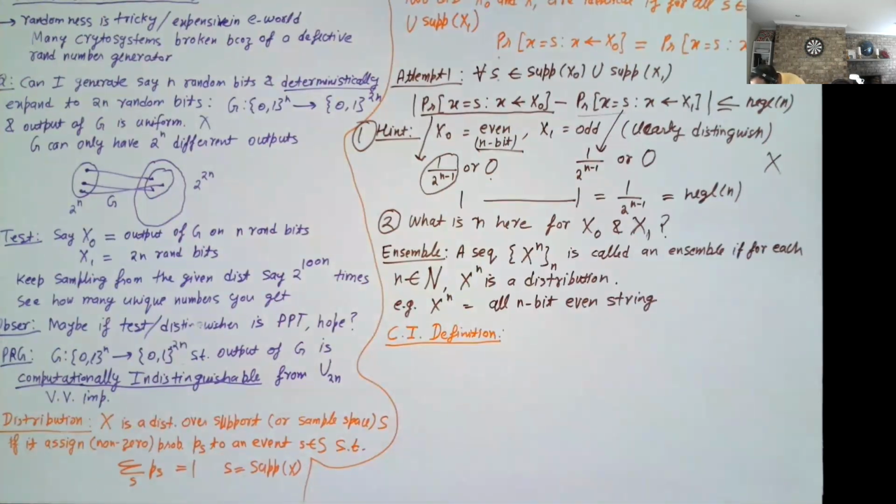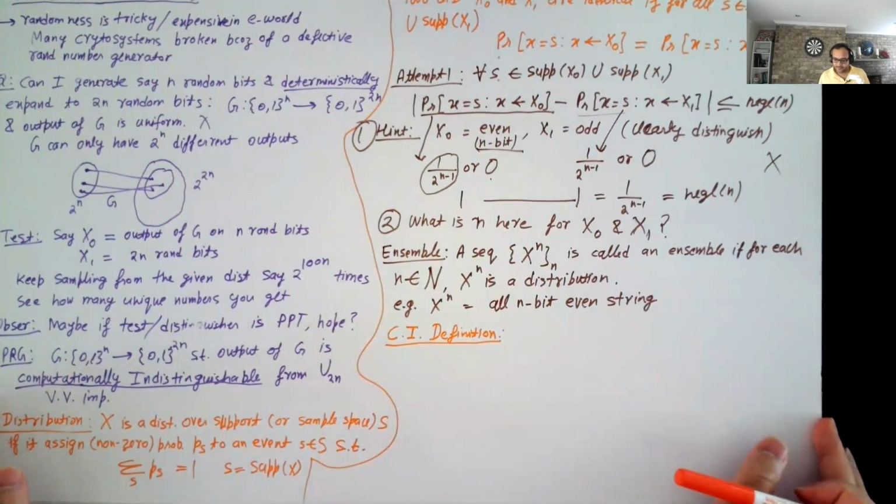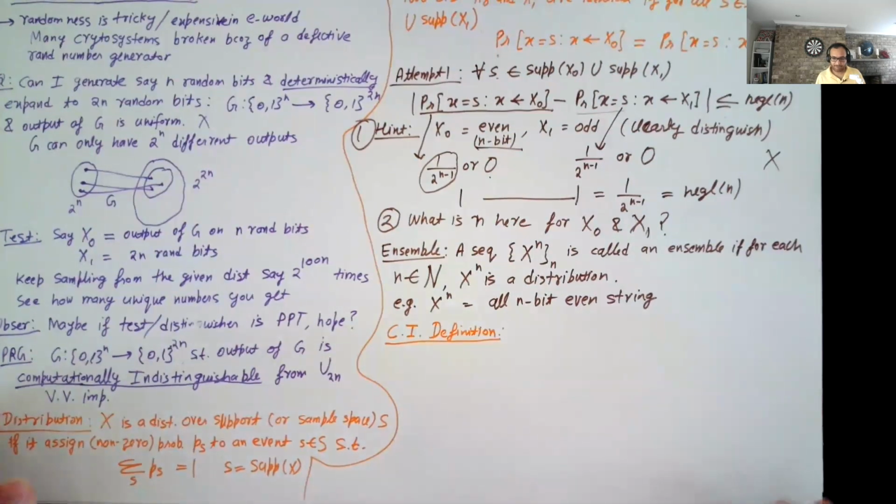Okay, thanks, Justin. So what do we want? Very intuitively, given the PPT adversary A, maybe we give this adversary samples from X0, maybe samples from X1. This adversary should not be able to distinguish that. So I will take this English sentence and put it in more mathematical terms.